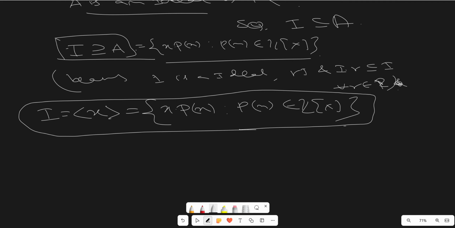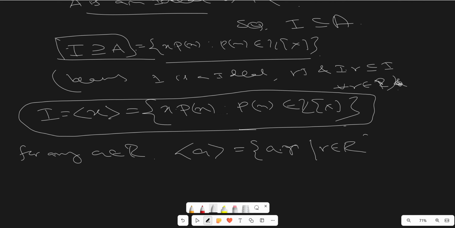In fact, this is for the particular example. For any a inside the ring R, the ideal generated by a is actually a·r such that r is inside R, where R should be a commutative ring with unity.